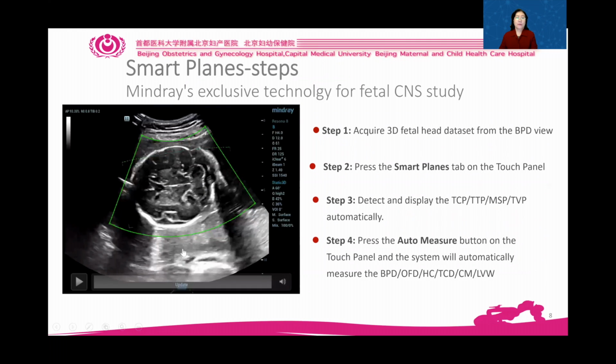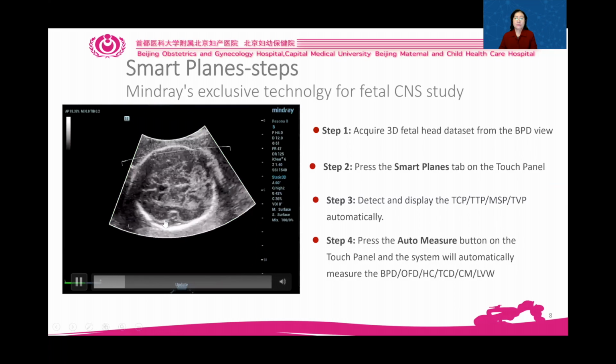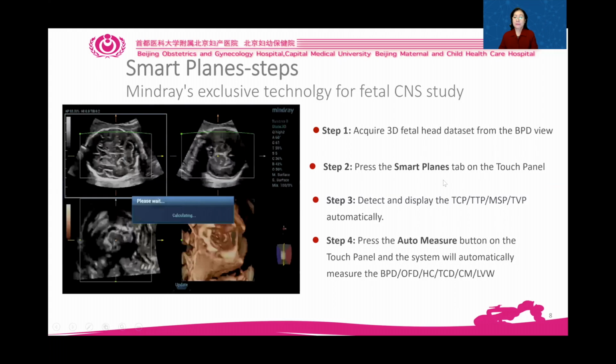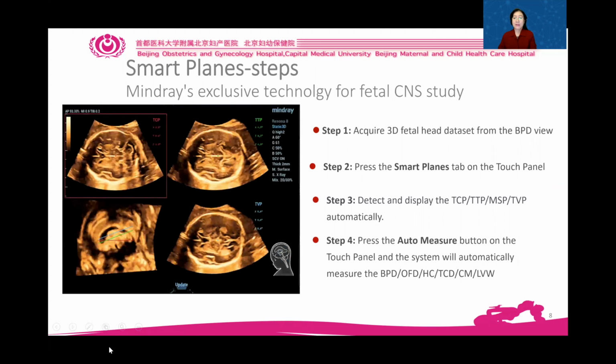Let's look at the video. It's SmartPlanes. First step, we acquire a 3D fetal head data set from the BPD view. Step 2, press the SmartPlanes tab on the touch panel.